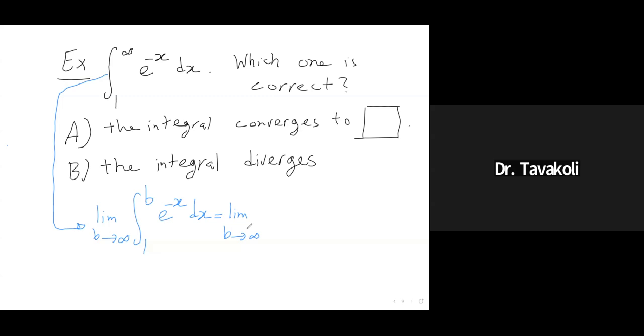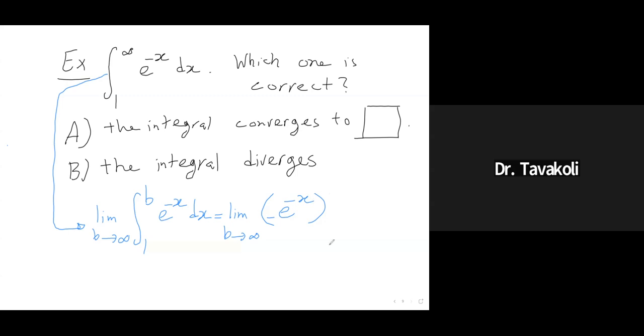So the antiderivative of e to minus x is minus e to minus x. E to minus x is like e to the power of minus 1 times x. That's why I reminded you about the antiderivative of e to the power of kx.